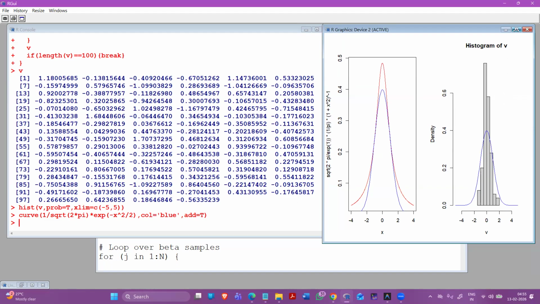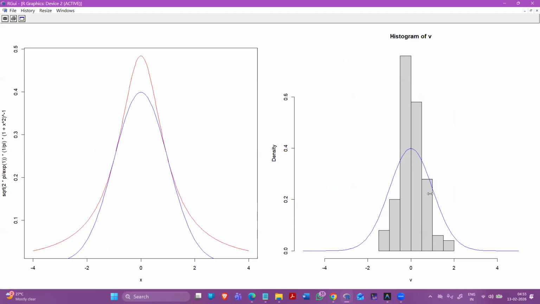This is your blue curve. So none of the values are going beyond this blue curve. Right. So whatever data you have generated from the standard normal distribution for your Cauchy distribution was generated perfectly.